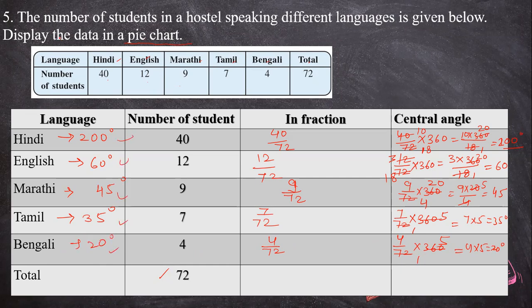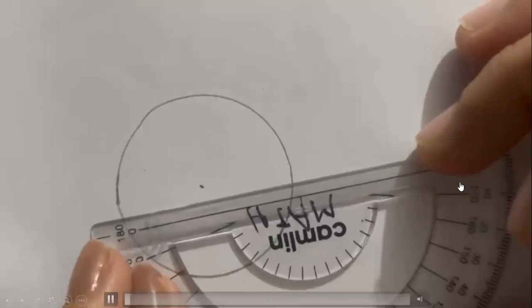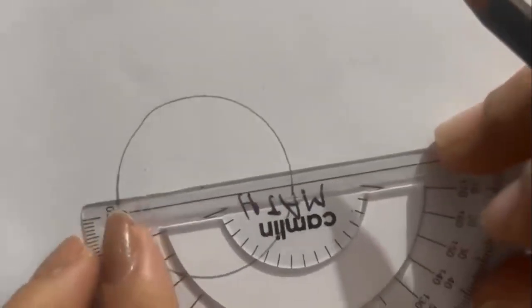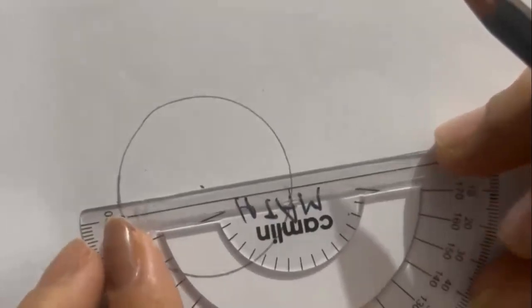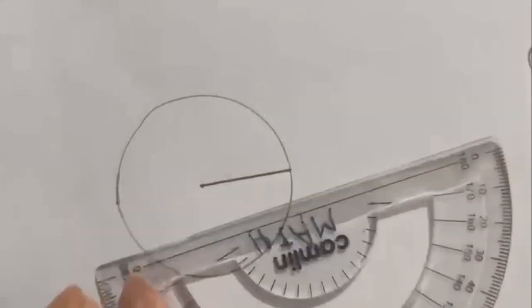Now next step is to draw the pie chart or display the data in the pie chart. Yes, children, degrees we have already calculated. Now we need to draw the pie chart. First step is to draw the circle. Second, we'll draw the radius, which will work as baseline.